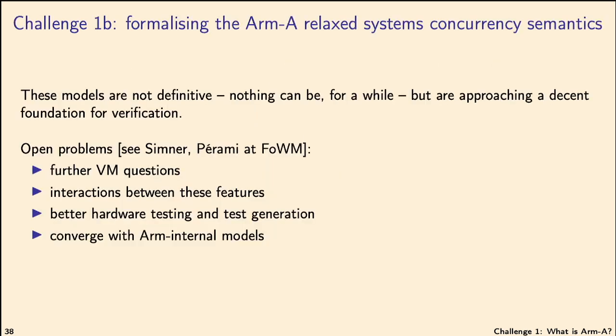Okay, so I said these are not definitive. There are interesting open problems. There are some open questions about what the semantics should be, not so many. There are probably quite a few open questions about the interactions between these different features that we've not seriously considered yet. It would be good to have better testing and test generation. We would like to converge with the ARM internal work.